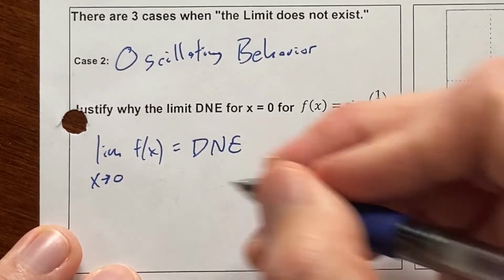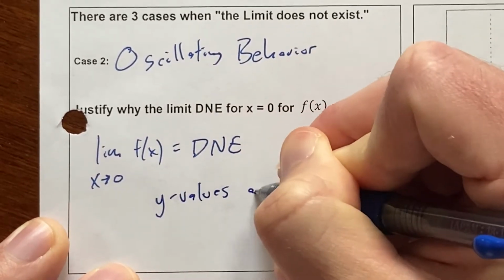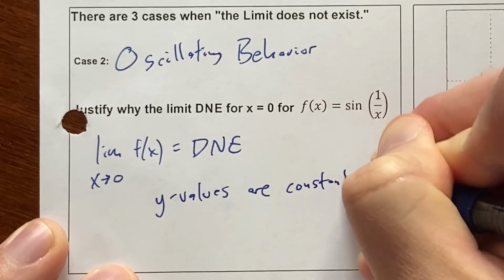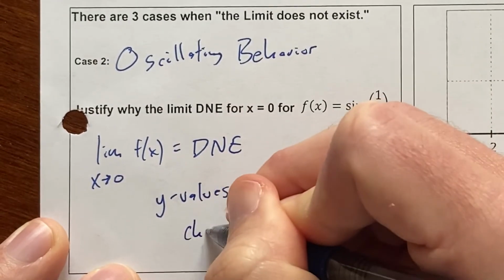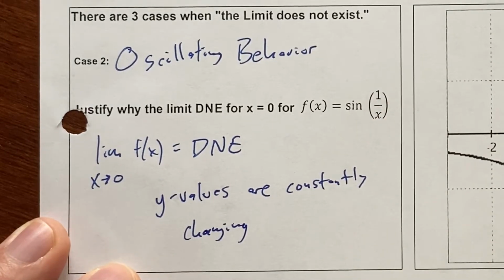So let's just say maybe the y values are constantly changing. Constant probably wasn't a good word. Constantly changing. However you want to phrase that.